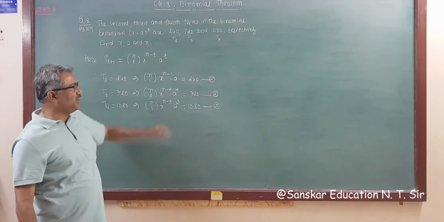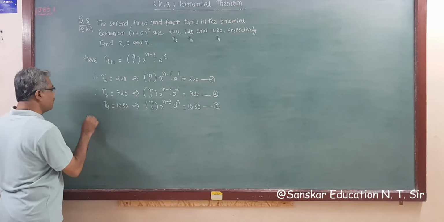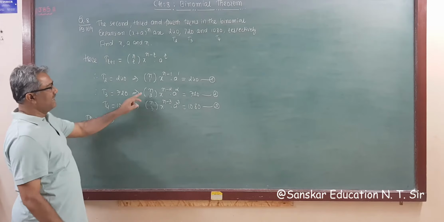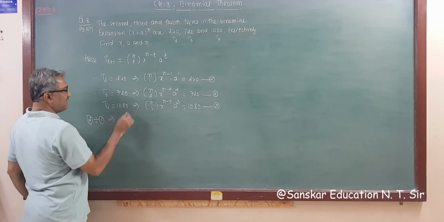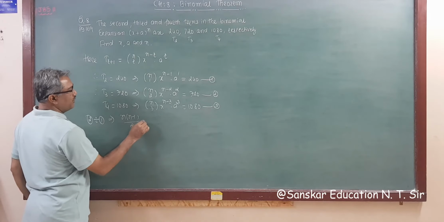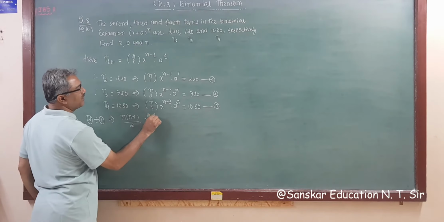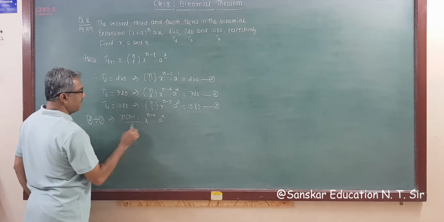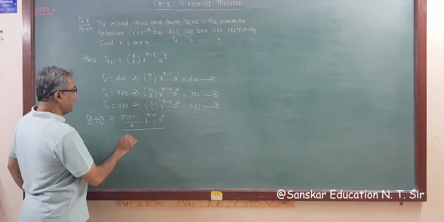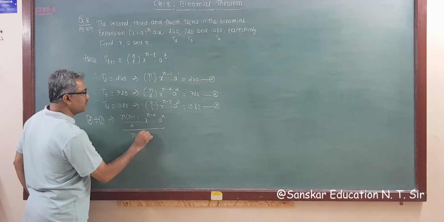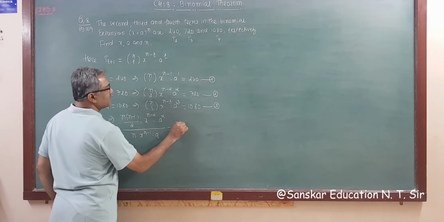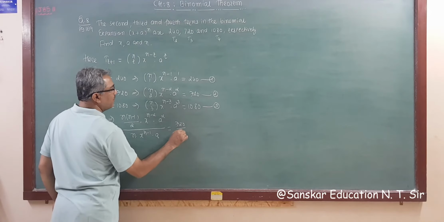So 2 divided by 1, this implies nC2, which is n into n minus 1 divided by 2, into x raised to n minus 2 a square, whole upon nC1, which is n, x raised to n minus 1 a, is equal to 720 upon 240.